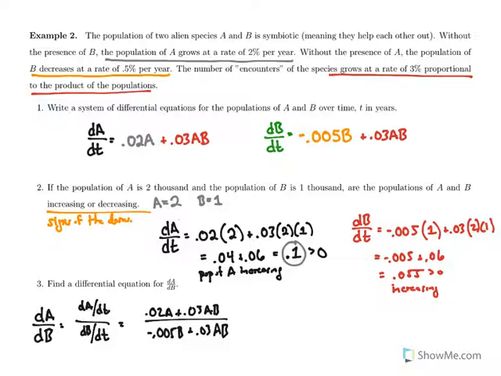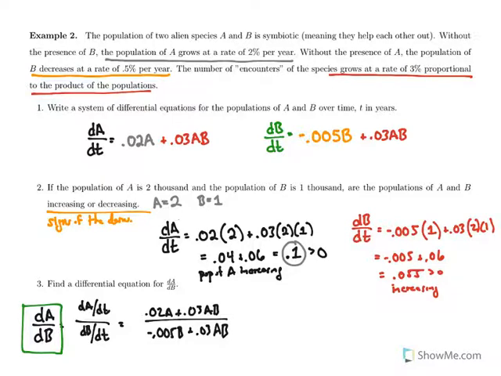There's lots that we could do with this differential equation, but note that a lot of what we can do has to deal with the slope fields and the phase planes we're not going to talk about in this chapter, so we're just going to talk very generally about what this dA/dB represents. This is somehow giving us an idea of how much the population of A is going to increase or decrease just in terms of the population of B. So it's just focusing in on one of those populations just in terms of the other.